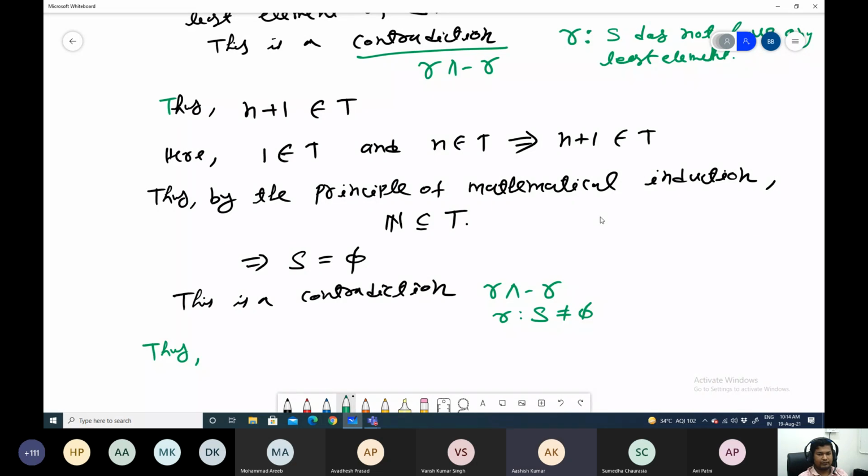Okay, sir. So what does this line mean? R intersection, R and negation of R. Why do we write this? We can simply write that this is a contradiction. What is the meaning of writing R and negation of R? To understand what the contradiction is. The contradiction is that we assumed that S is non-empty, but here we are proving that S is the empty set.